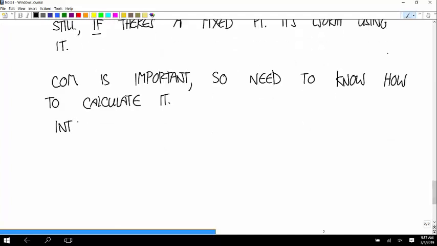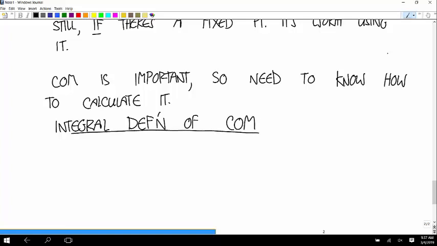There's an integral definition for the center of mass. We're not going to use that, but I'm going to start with that definition.